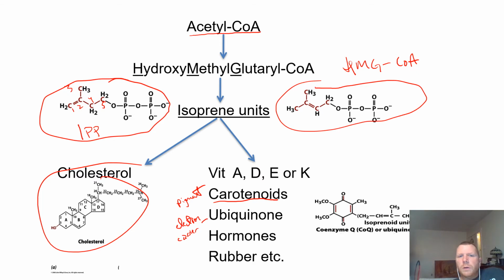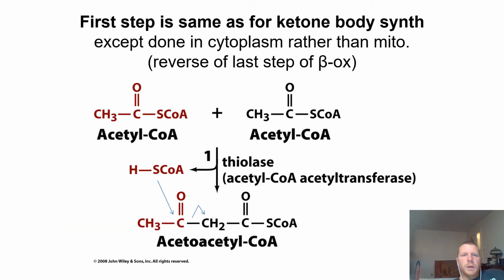Okay, so the first step in cholesterol biosynthesis is basically the exact same as that of ketone body synthesis. The difference is that this is done in the cytoplasm rather than in the mitochondria, where ketone body biosynthesis takes place. So in order to do this, you have to have your 2 acetyl-CoA molecules. You have to have a thiolase enzyme. That thiolase enzyme is going to remove the coenzyme A from one of your acetyl-CoA molecules.